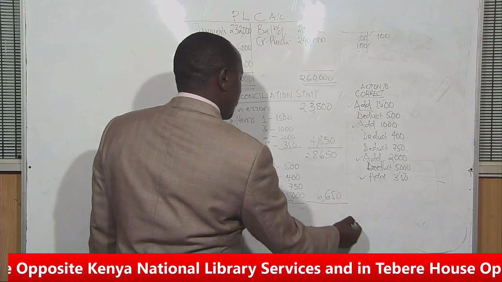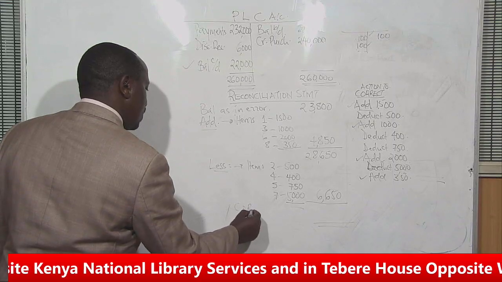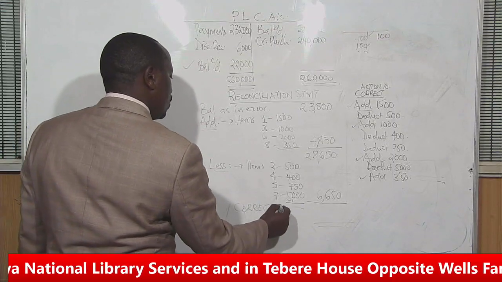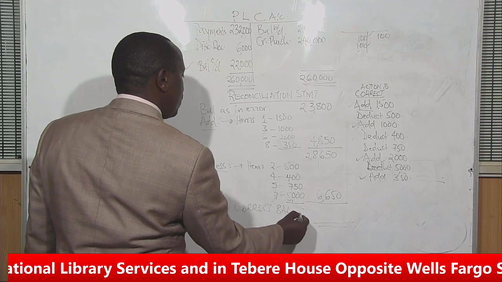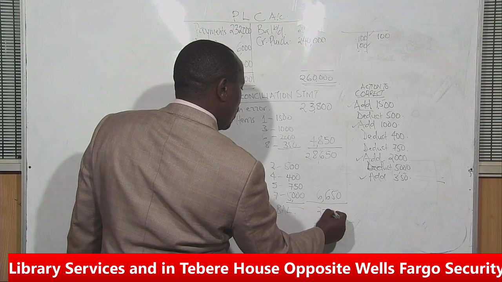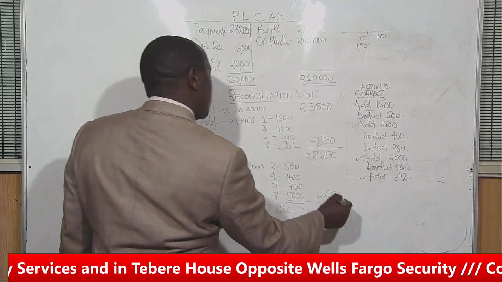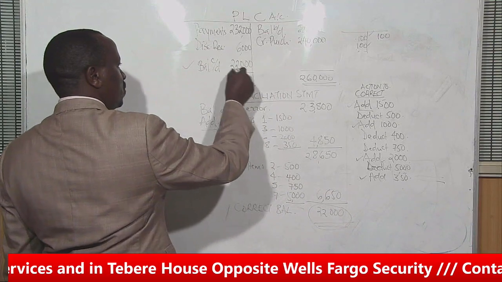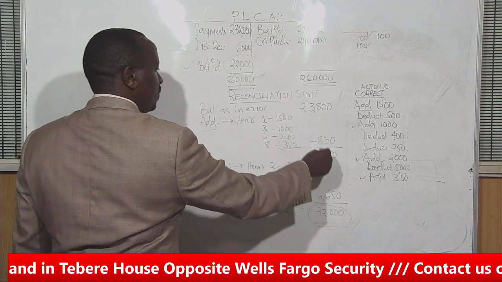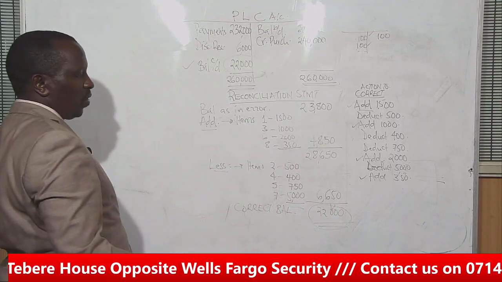Once you get that, it will give you the correct balance, and our correct balance, which you should take to the financial statement, should be 22,000. Now if you look at this 22,000 and this 22,000, it is actually the same figure, and therefore you have been able to reconcile.